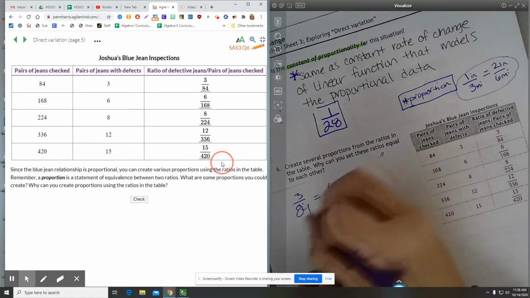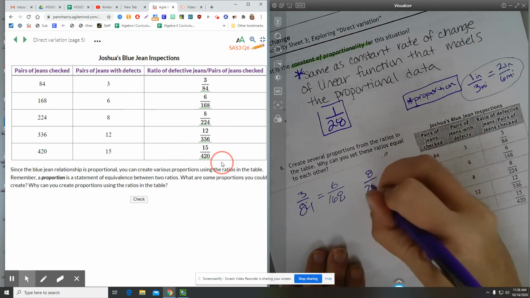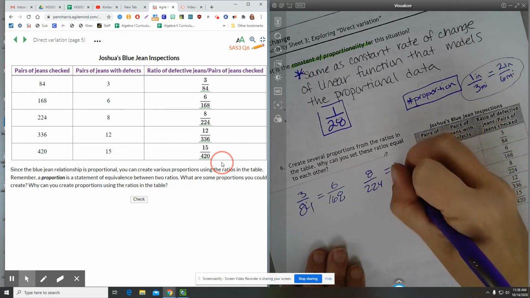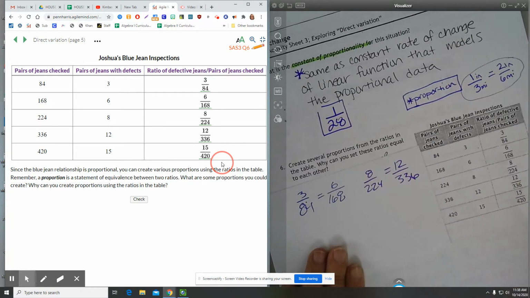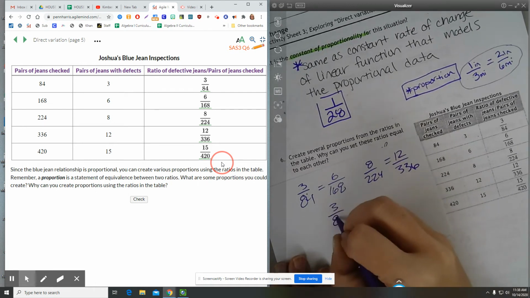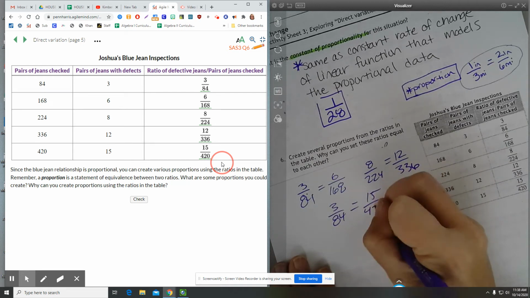I could write 8 over 224 equals 12 over 336. I could write 3 over 84 equals 15 over 420.